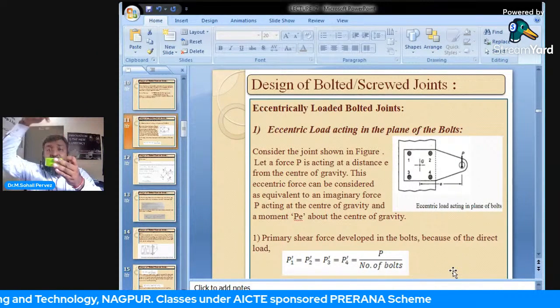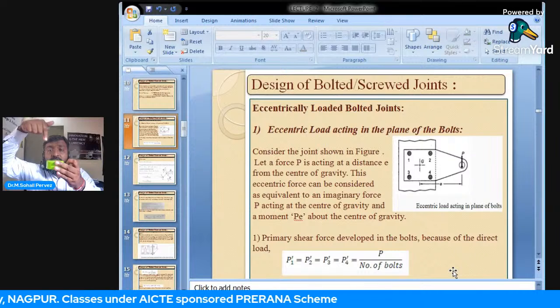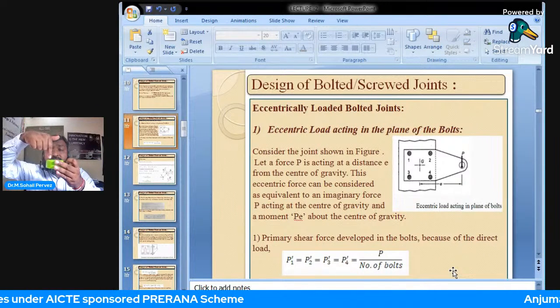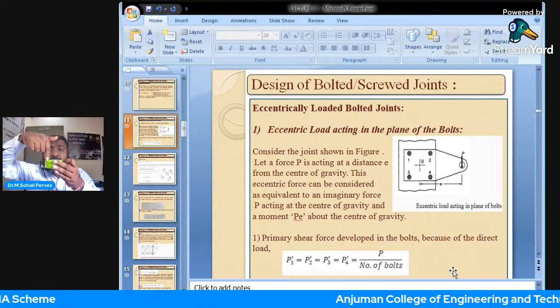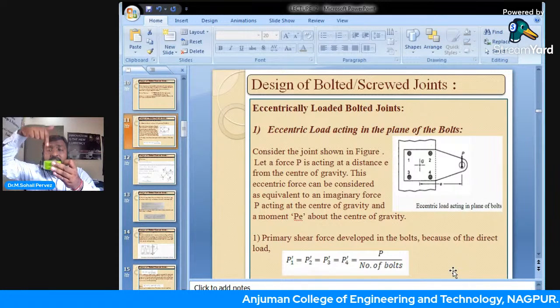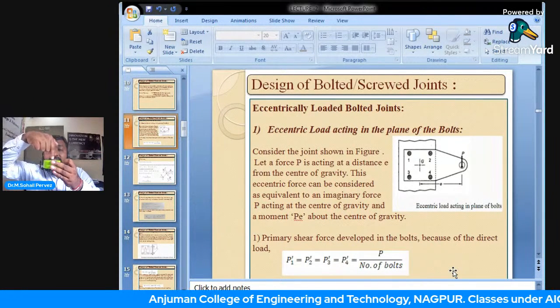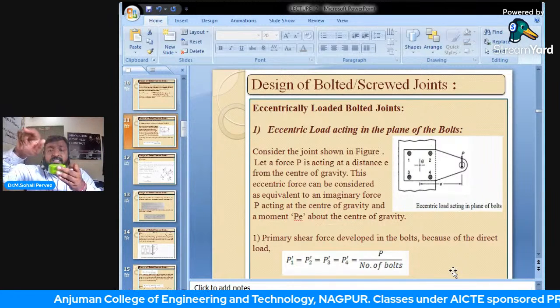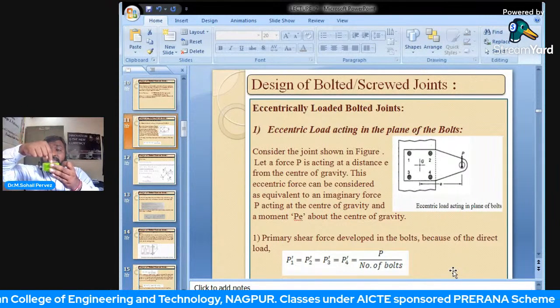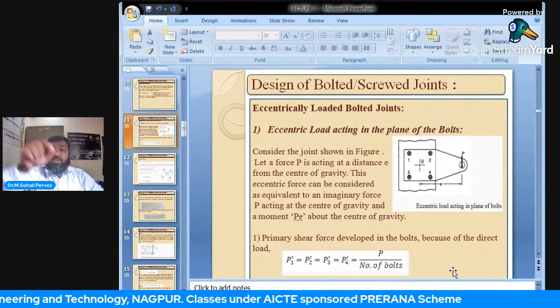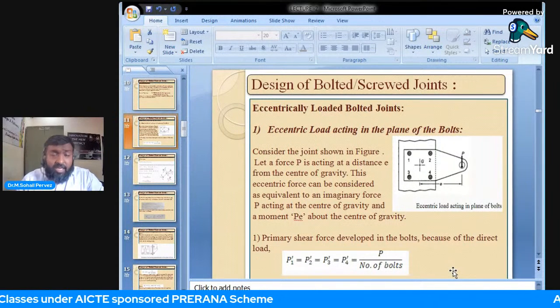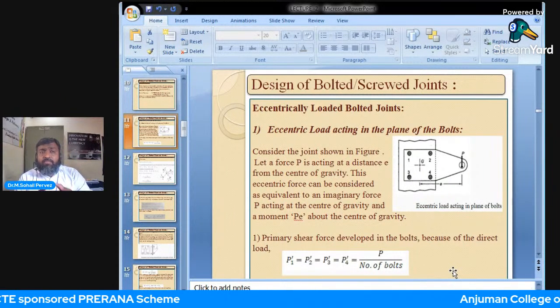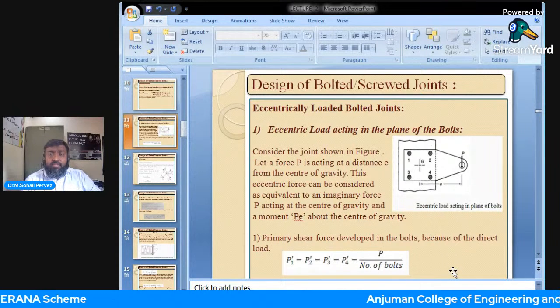But if the line of action of force is different from the axis of the body, and I apply some force at a point where the distance between the line of action of force and the axis of the body is some centimeters or millimeters, then such loading is known as eccentric loading. It means that it will be applied away from the CG of the system itself.